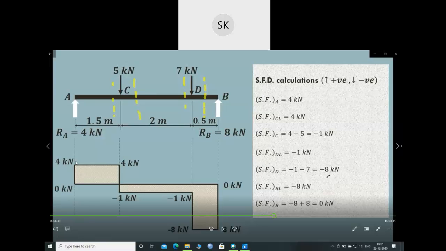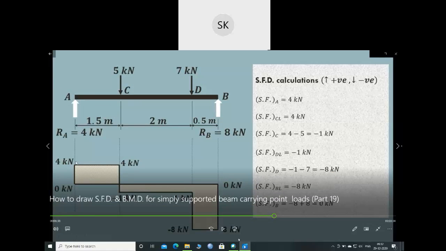The same holds up to B. But when you consider at B, here you have the reaction as well, so it will be equal to 0 kilonewton. So place these values in the figure and we'll get a shear force diagram. Now draw this shear force diagram with the help of these values.